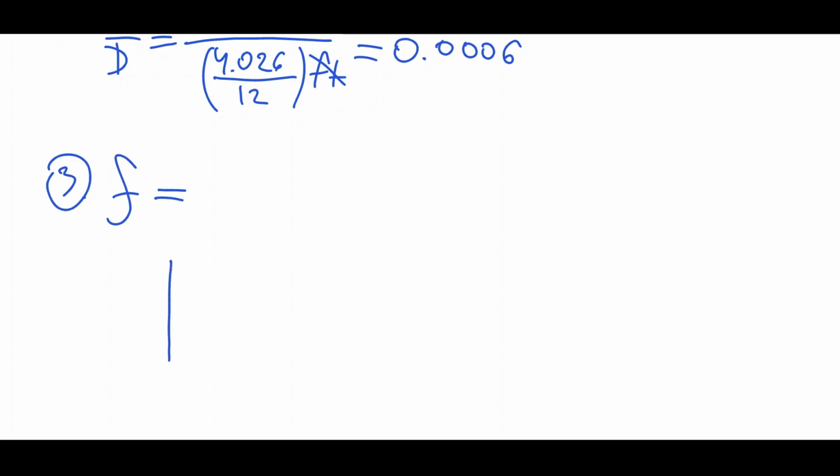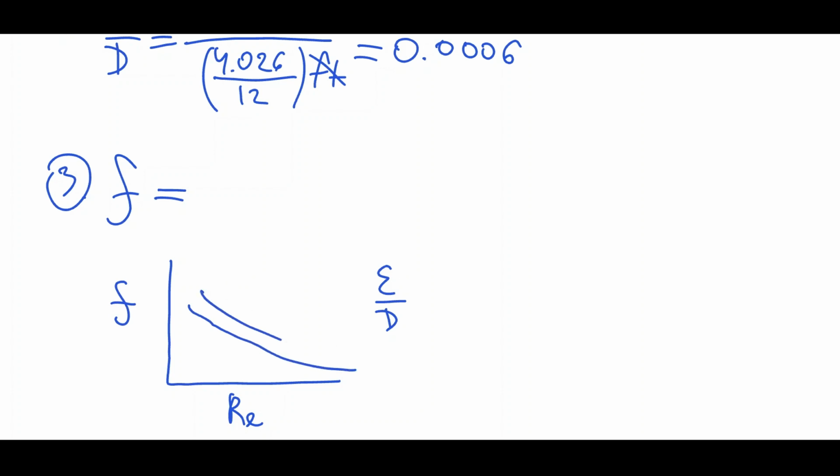So this diagram will have Reynolds number on the bottom, and it will have this surface relative roughness on the side. And if you look, the friction factors are going to be here. And they'll have a bunch of lines that go something like this, depending on your relative roughness.